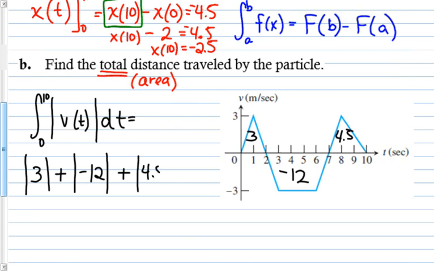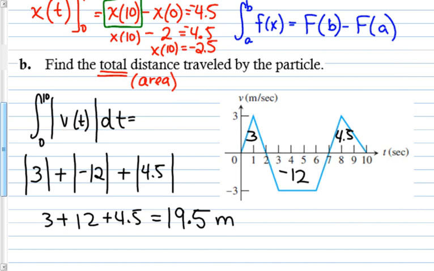No big deal. So now it's actually 3 plus 12 plus 4.5, which is 7.5, 19.5. Okay, that's the total distance. And this was, I guess, meters. Oh, I guess above was meters also.